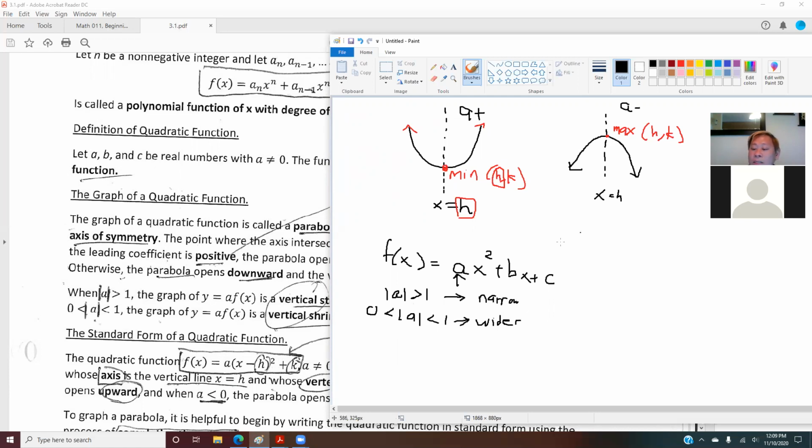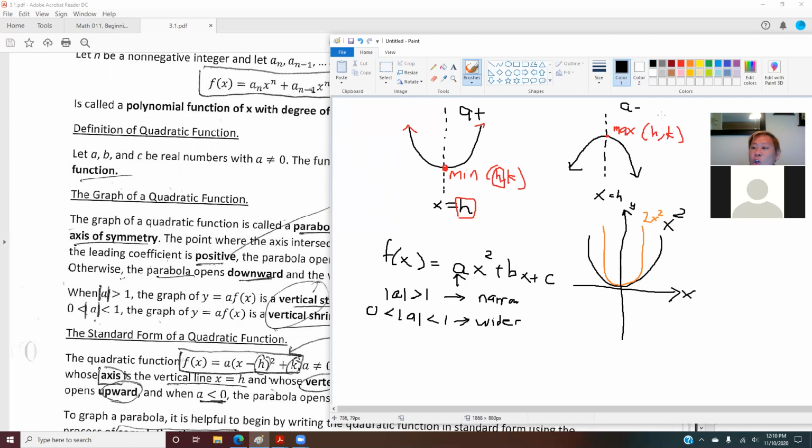So if you have normal x squared, let's say this is your parabola, and if you have 2x squared, then your graph will become narrow. This is 2x squared. And I'm going to draw my x and y axis. So this is my x and my y axis here.